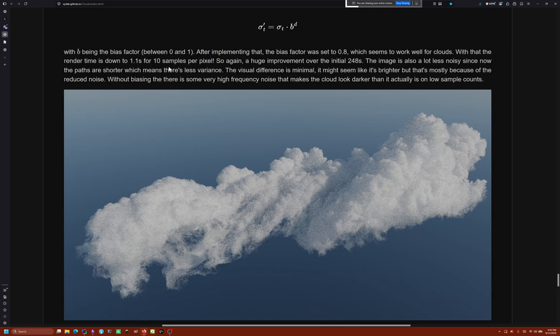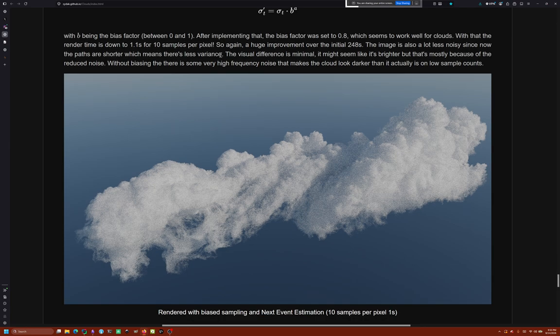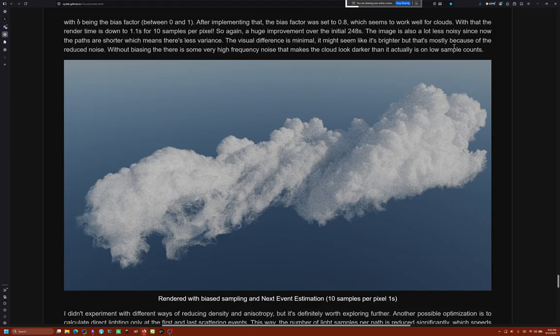So with those couple of optimizations, they're down to 1.1 seconds instead of 248. The image is a lot less noisy, and the paths are shorter, meaning less variance. Visual difference is minimal. It's a little bit brighter because of the reduced noise.